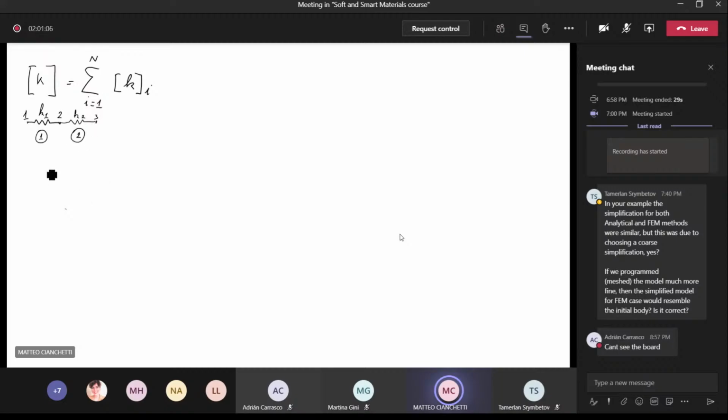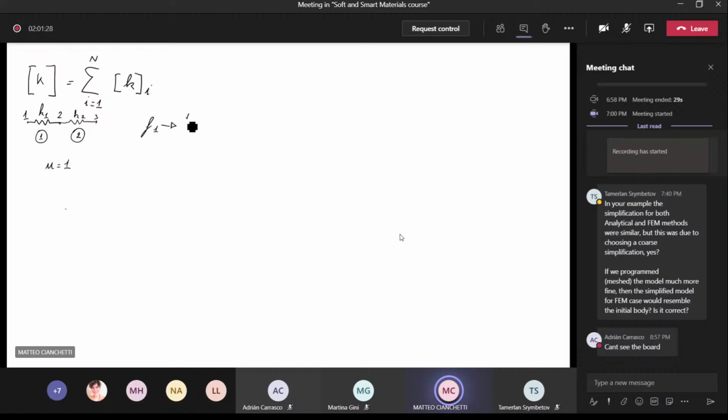So for simplicity, let's assume that the displacements are all equal to 1. And let's quickly see what happens to this system and how the global stiffness matrix can be the result of the assembly of the local stiffness matrices, by summing their contribution.